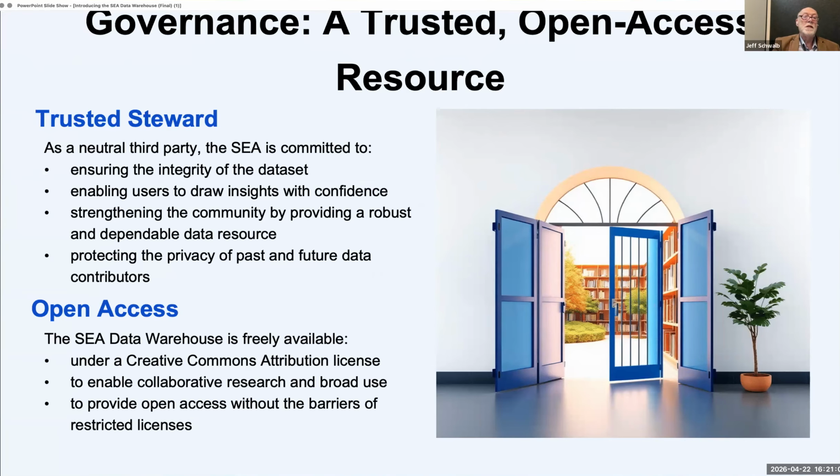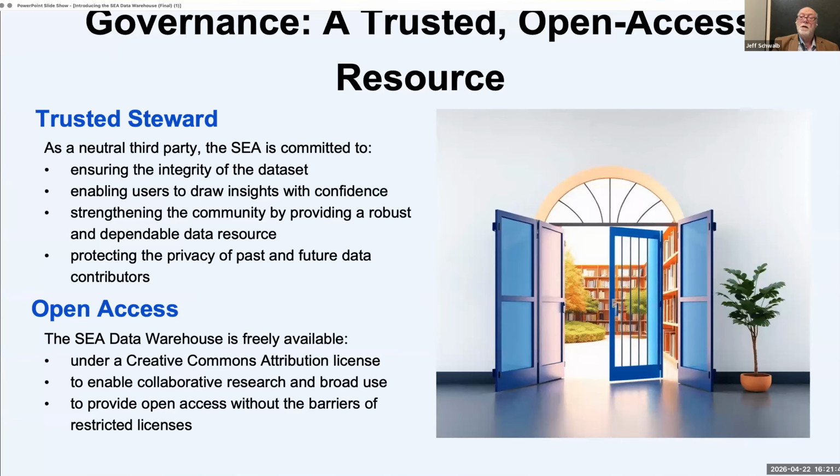And so here are the details of the different aspects of what we're trusted to be. We're putting our best in for the integrity aspect, to have confidence in the data. It's robust data. It's very granular, as I said. It's dependable. And as I mentioned, it's protected. Nobody's identification is associated with it. We've taken that out so that people can use this data and not get caught up on whose data it is.